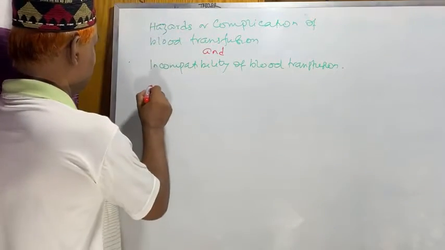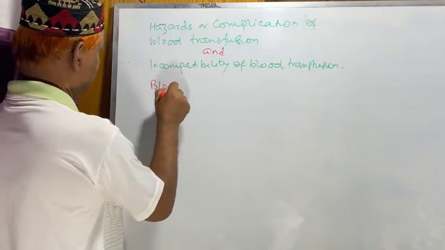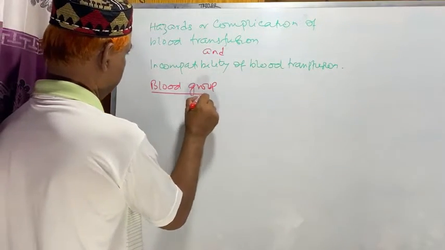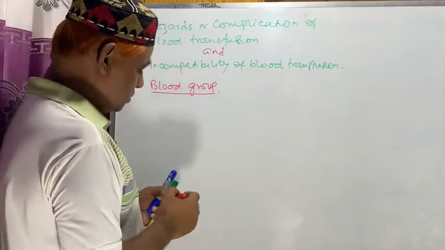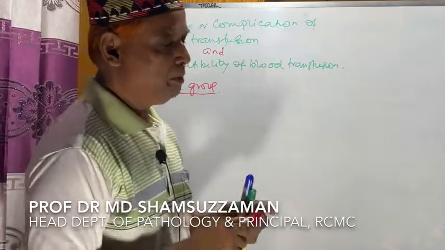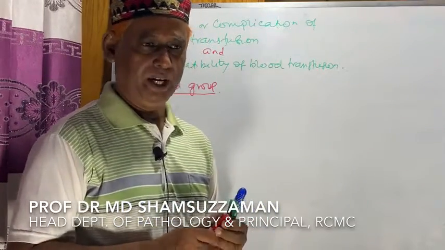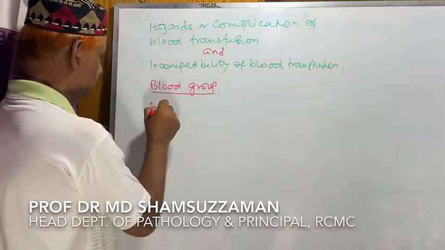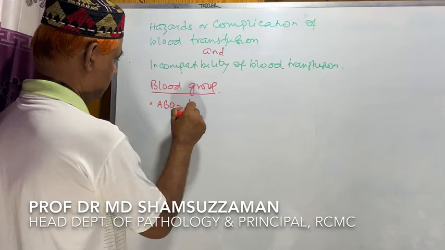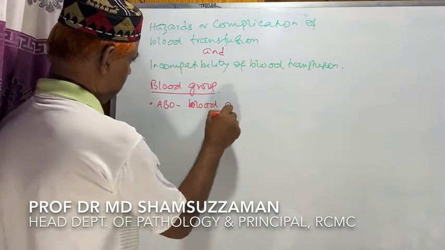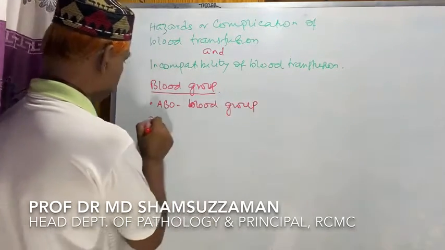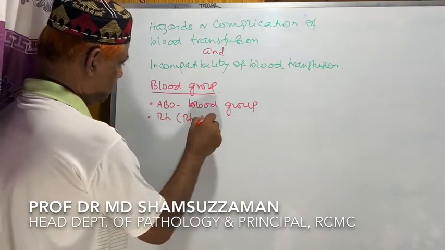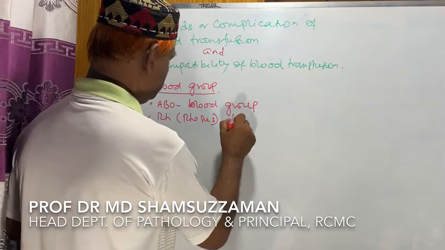Now come to blood group. Dear audience, we know we have ABO blood group and RH (Rhesus) blood group.